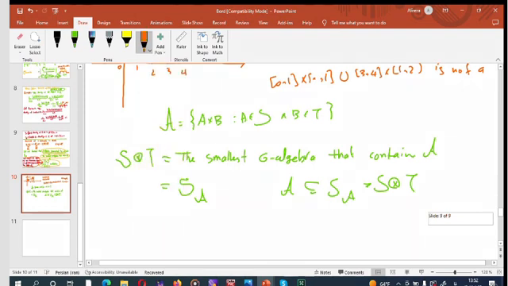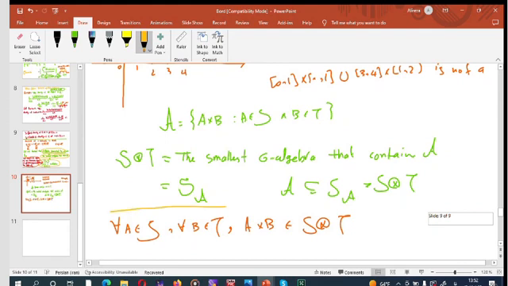Or briefly, for each A in S and for each B in tau, this product is a member of this sigma algebra. And this is the smallest sigma algebra that contains all of these rectangles.